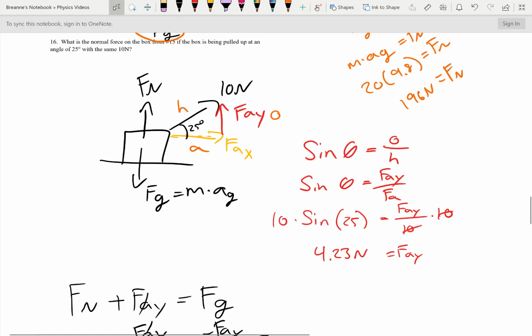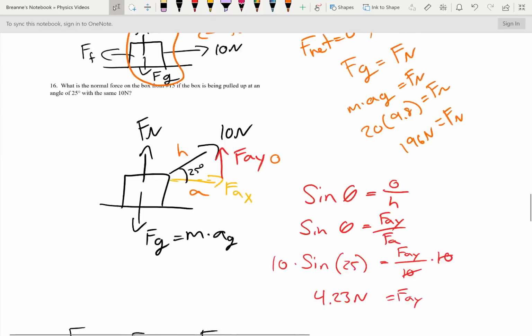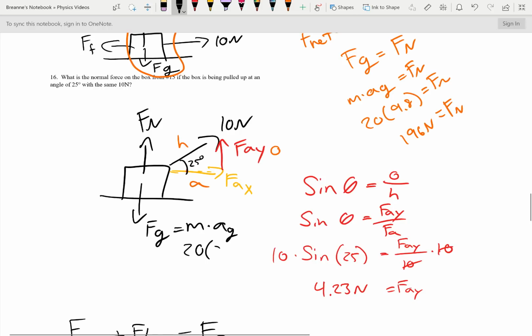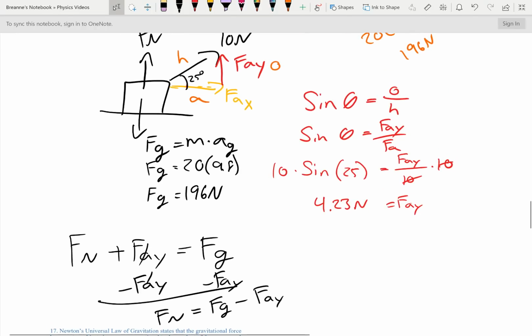The mass of the block was 20, acceleration is 9.8, so your force of gravity is still 196. That does not change.